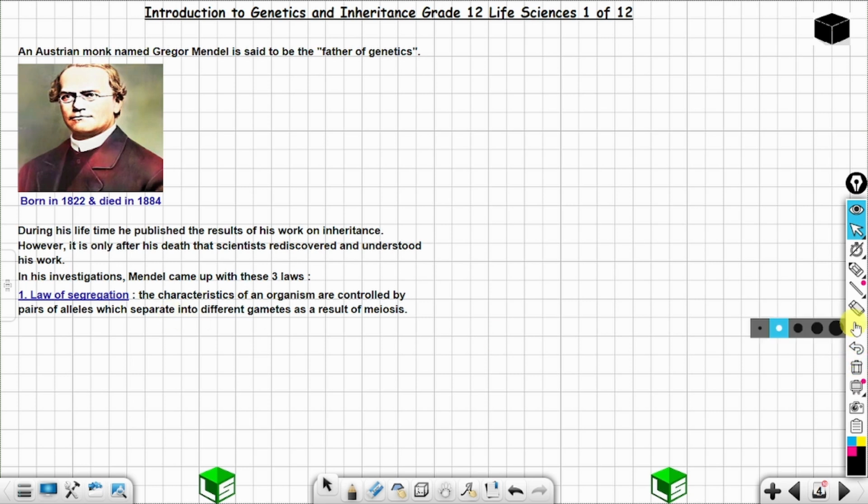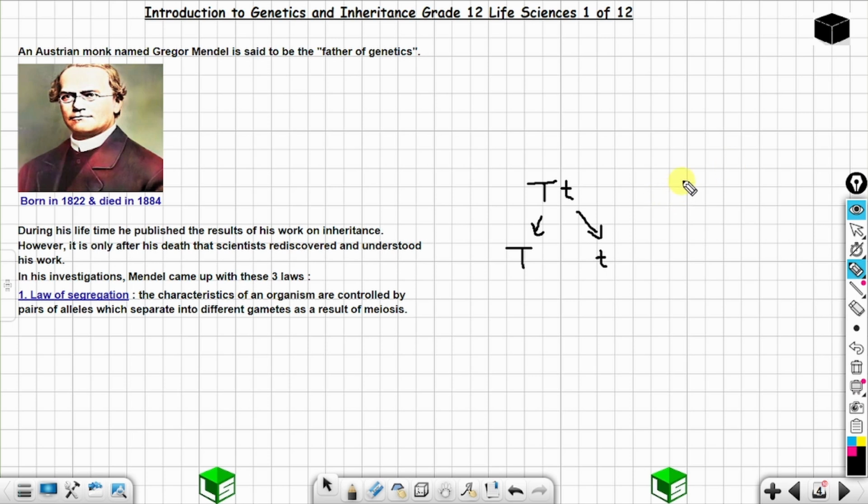So, as a parent, you have your alleles. They are going to separate into different gametes as a result of meiosis. This is how you are going to give them as a result of meiosis.